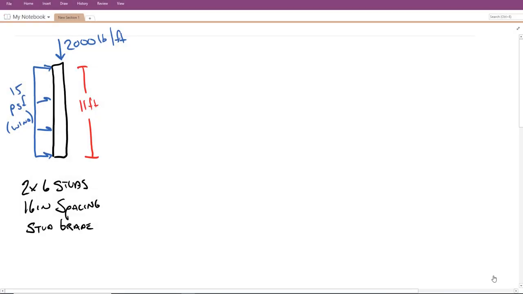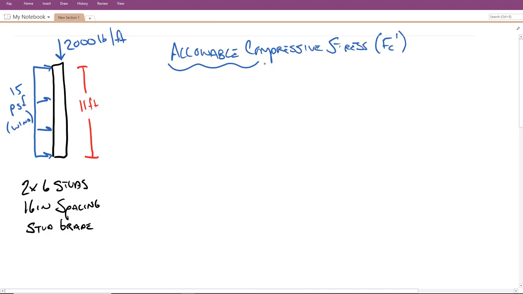Okay, I want to solve the allowable compressive stress first, partially because this is the most complicated of the four factors to come up with, and also just because it's a good one to start with.